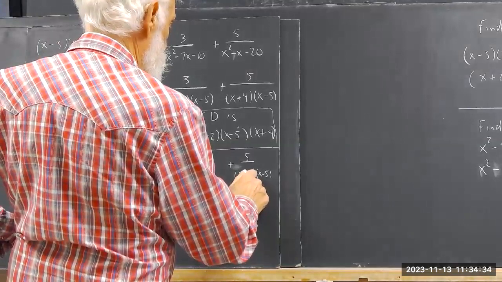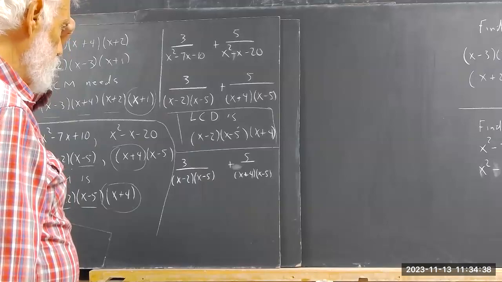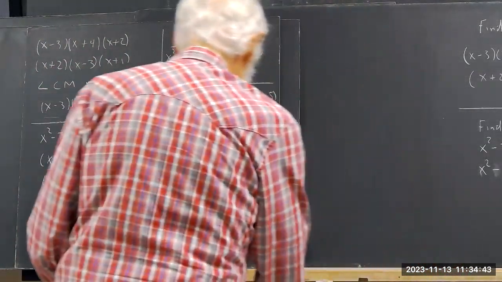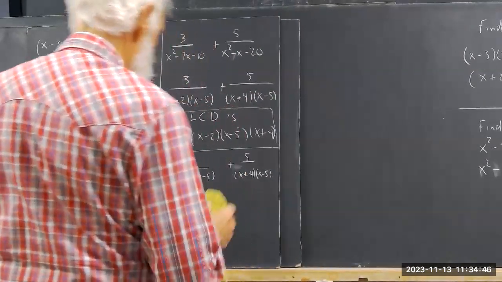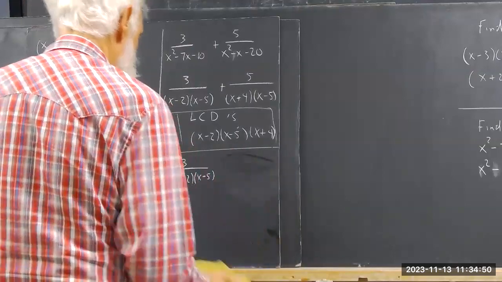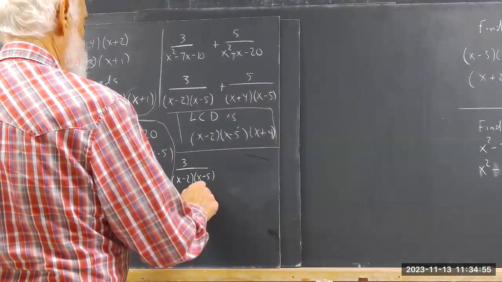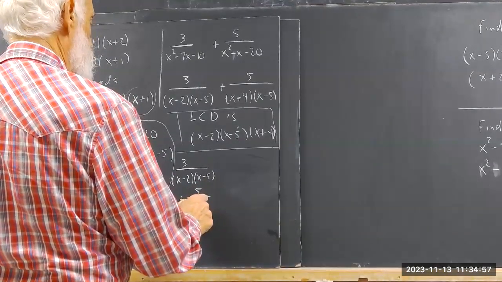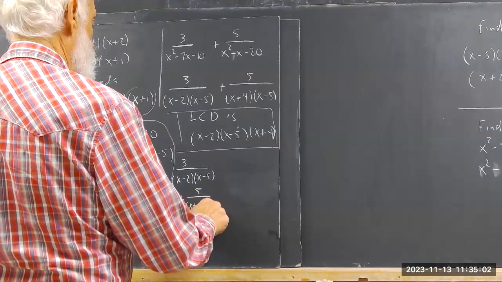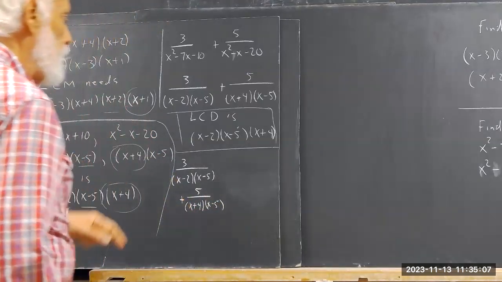If I get too cramped, I might have to rewrite it, but let's just see what we can do. Yeah, I'm gonna need more room. There's no way I'm gonna squeeze it in there and make it halfway legible. Okay, so I'm gonna do this in 2 lines. We're gonna have this plus 5 over x plus 4 times x minus 5.